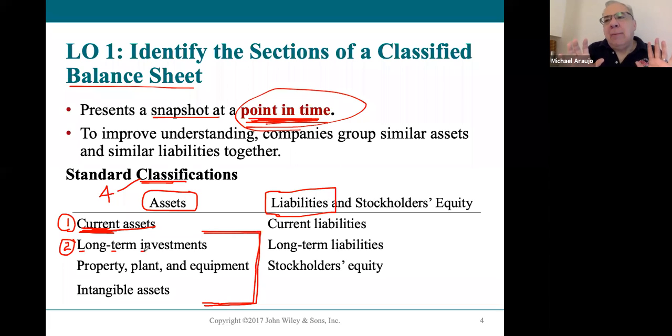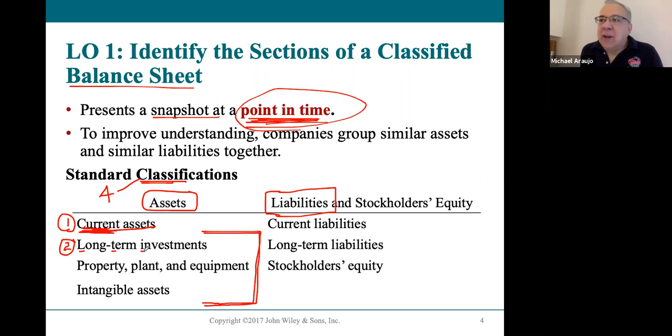The reason I explained it in detail is that you're not really going to see long-term investments on a lot of balance sheets. A lot of companies cannot afford to own assets that they're not using to sell their products. That's not the purpose of assets at all. The purpose of assets is to help you sell your stuff.